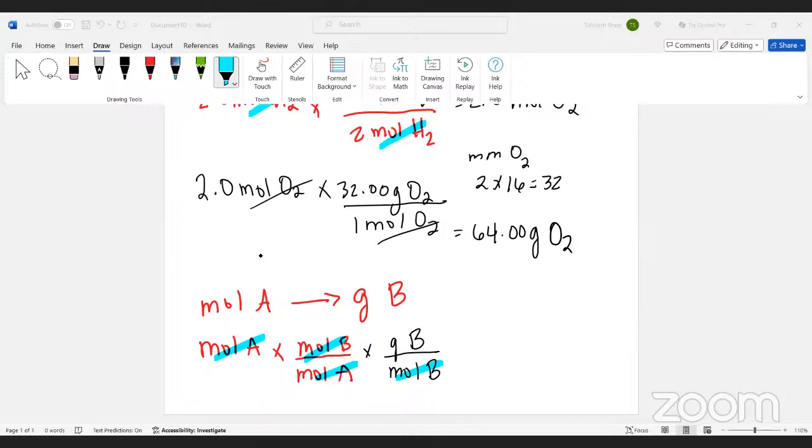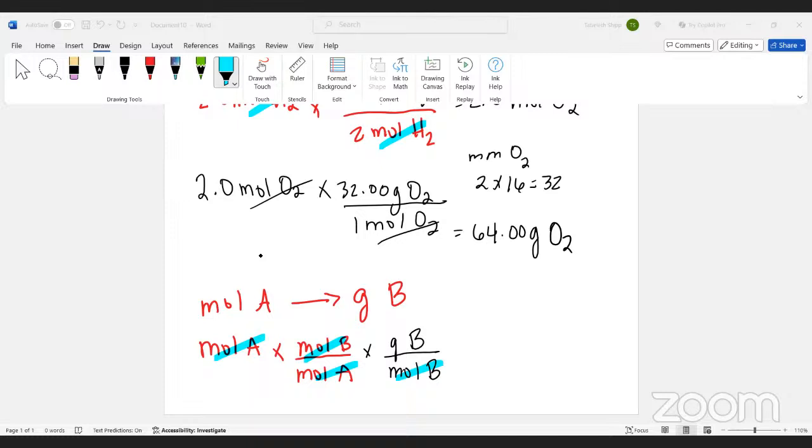So now you're going to put on the very bottom 3 moles of oxygen, and on the very top, 2 moles of Fe2O3. So remember, the top number still doesn't change. So now 6 times 2 is 12. 12 divided by 3 is 4.0 moles of Fe2O3.